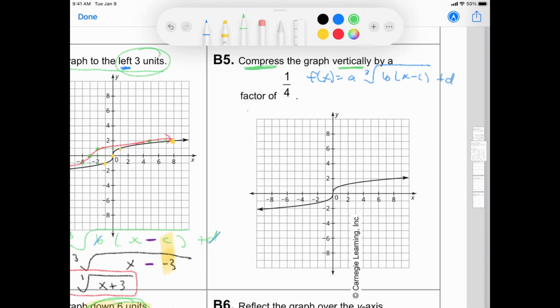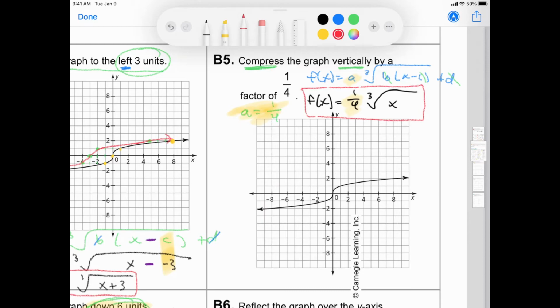This is going to be an A value. A value equals 1/4. So I don't need D, C, and B, and then our A value is just 1/4. So f of x equals 1/4 cube root of x. And this is our answer.